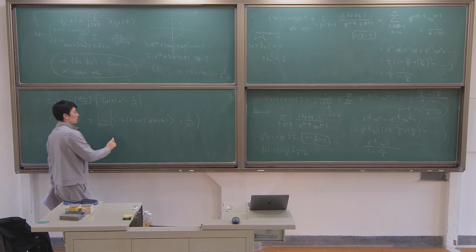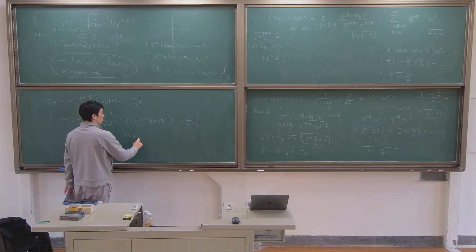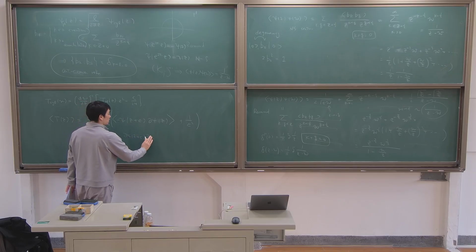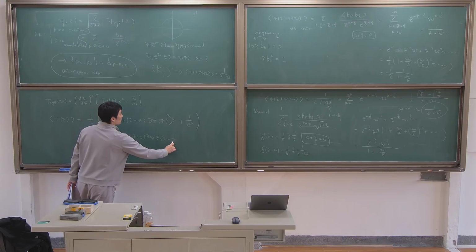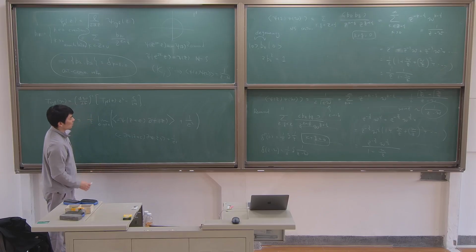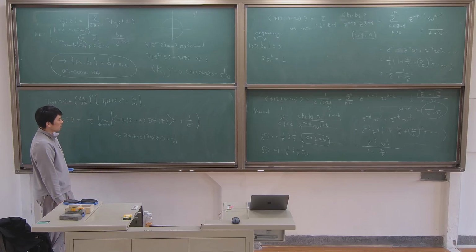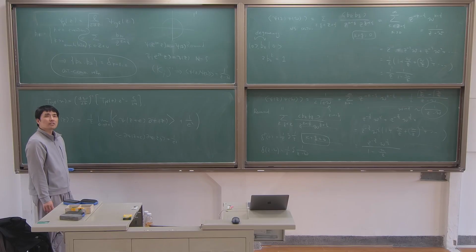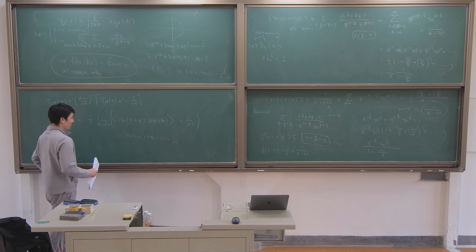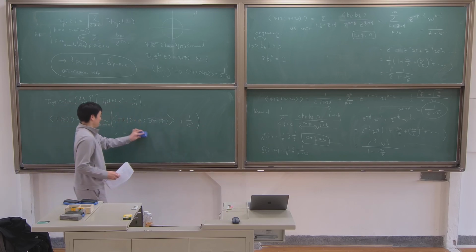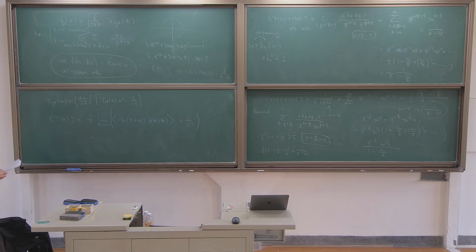In the previous case, del phi z plus epsilon del phi z with a minus sign and then plus 1 over z squared, something like that. Okay, so that's what we did.